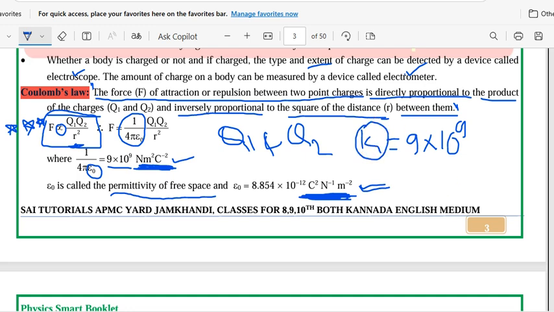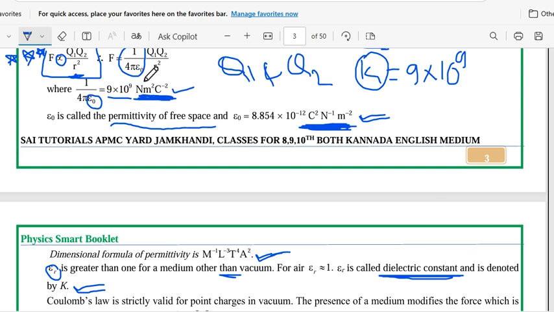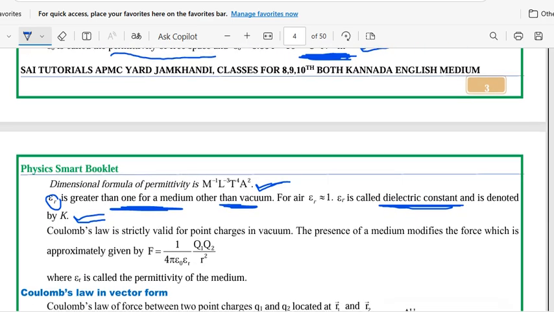K is equal to 9 into 10 to the power of 9, that is 1 divided by 4 pi epsilon naught. Here, for a medium, epsilon r is the permittivity of the medium, not free space. It is greater than 1 for a medium other than a vacuum. Therefore, it is a dielectric constant. That's why I have taken the K value here.